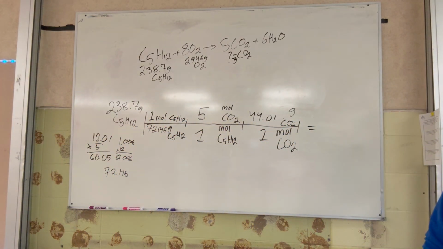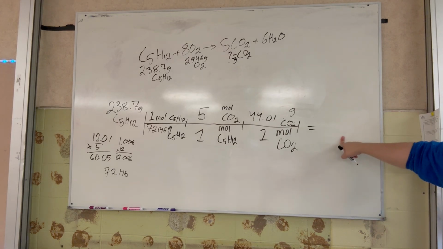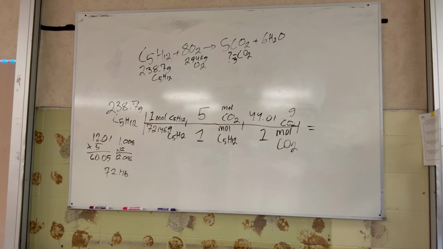I disagree. We're calculating. We're running the grid. The grid's filled in. Now we're multiplying everything across the top, divide by the bottom. I thought we were just looking for the grams. I'm sorry, what did we get, people?